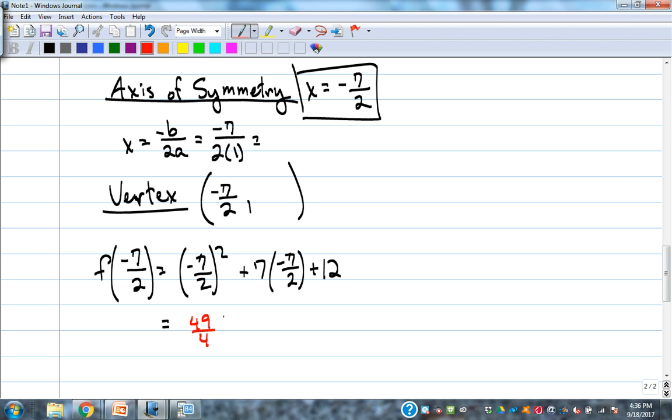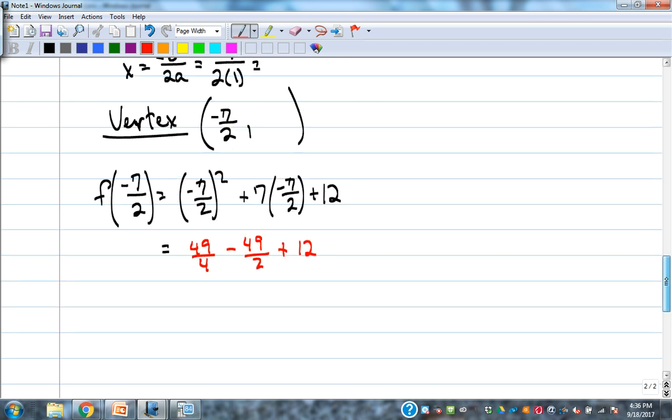49 over 4 minus 49 over 2 plus 12. I'll do it without the calculator because I'm too lazy to pick up my calculator. -1/4.